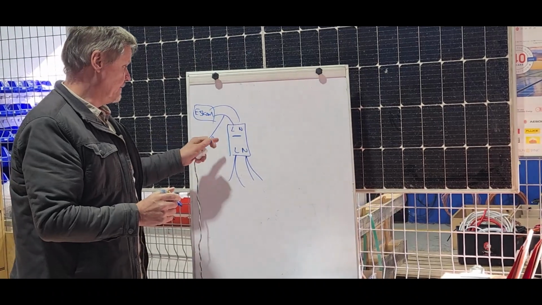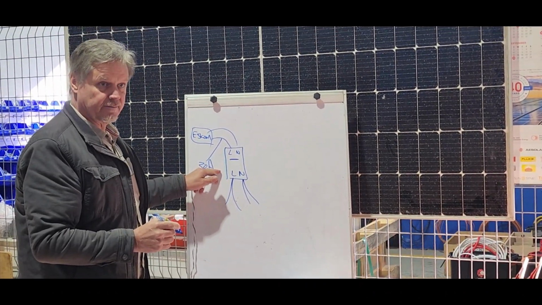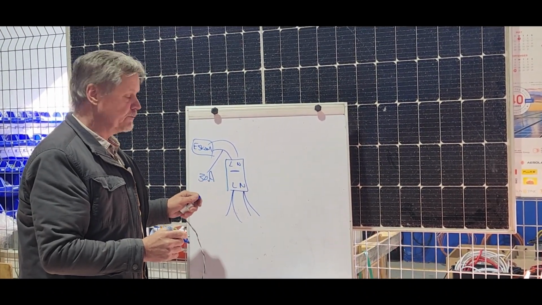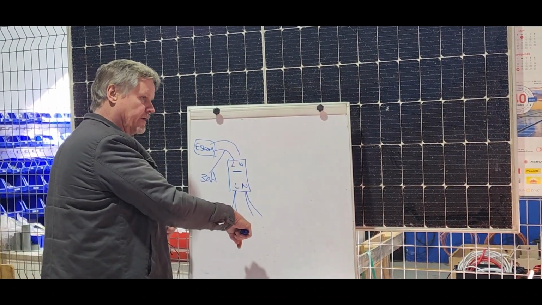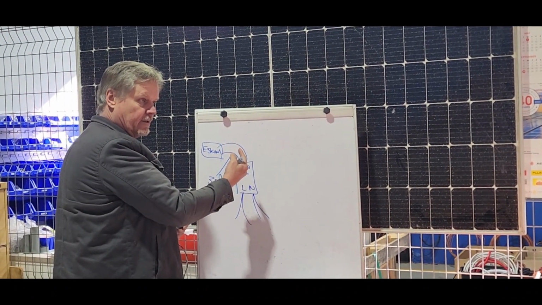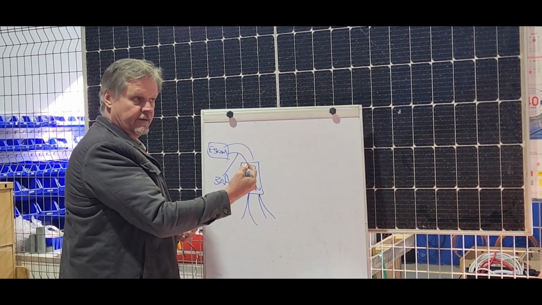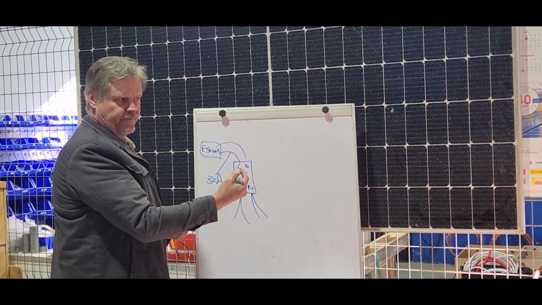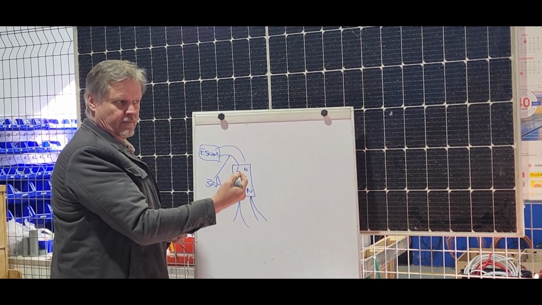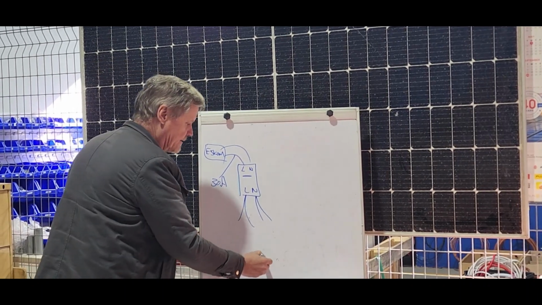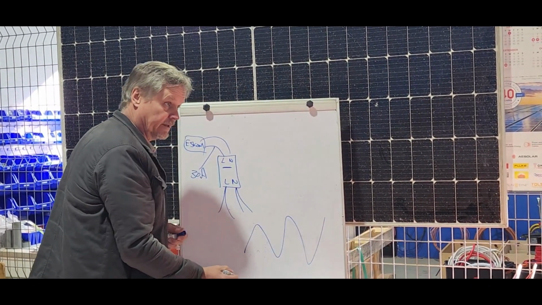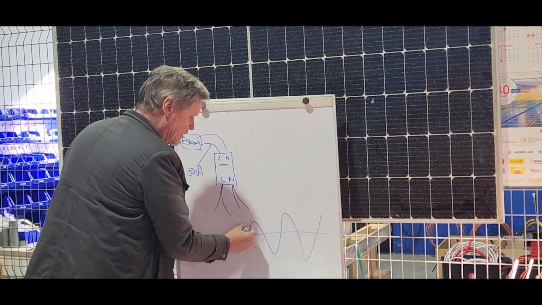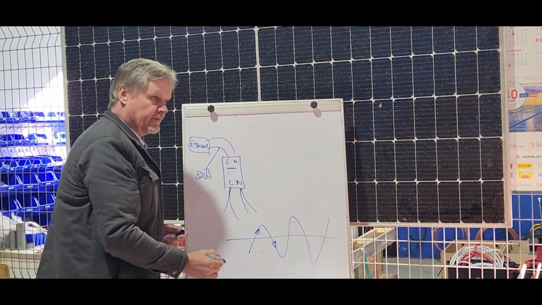Now if this is a house, is this AC or DC? AC. So which direction is the current running? Is the current running that way or that way? From this pole. But I thought it's AC. AC is like this. Yes? You agree? So sometimes it goes that way, sometimes it goes that way.